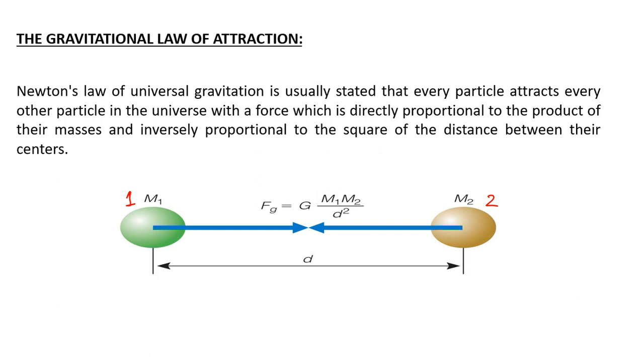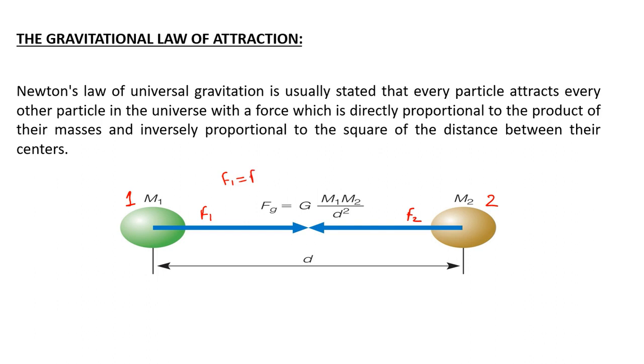Now this body of mass m1 will exert some force on mass m2. Let us say this force is F1. Similarly, this body will exert some force on this body of mass m1. Let us say this is F2. Now the force exerted by each body on the other is equal.